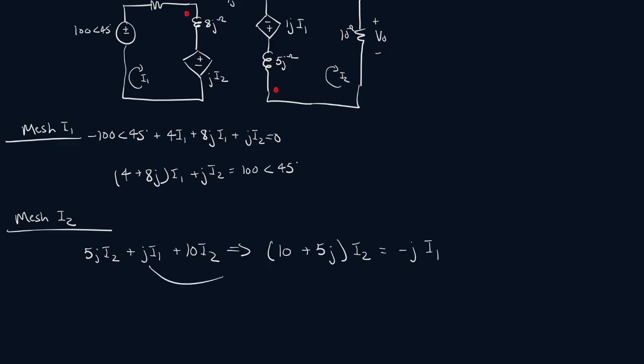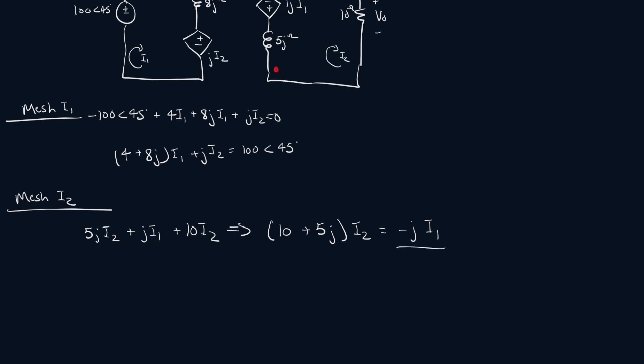So pretty much I just brought that to the other side. And what I'm going to do is isolate for I1. To do that, we will have to divide everything by minus j. So it's going to be 10 plus 5j I2 all over minus j.